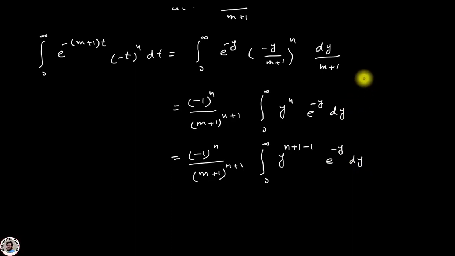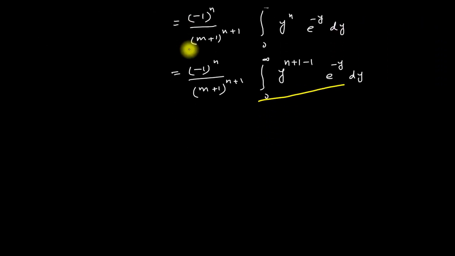Now, according to the definition of the gamma function, gamma n is equal to the integral from 0 to infinity of x to the power n minus 1 e to the power minus x dx. This is the definition of the gamma function. According to this definition, n is replaced by n plus 1, so this term will become equal to gamma of n plus 1.